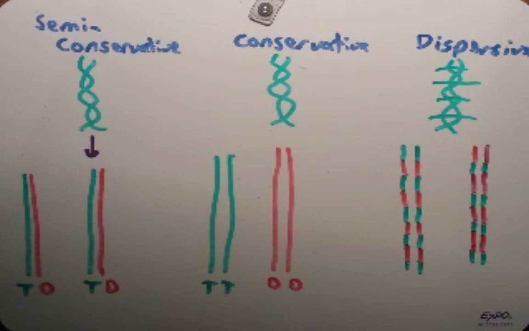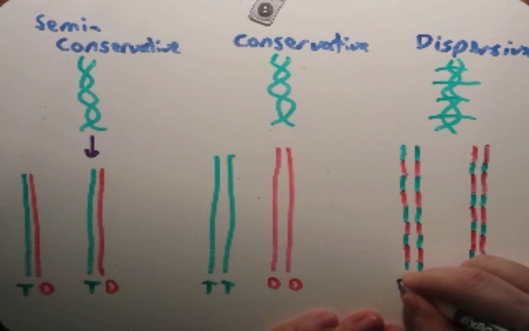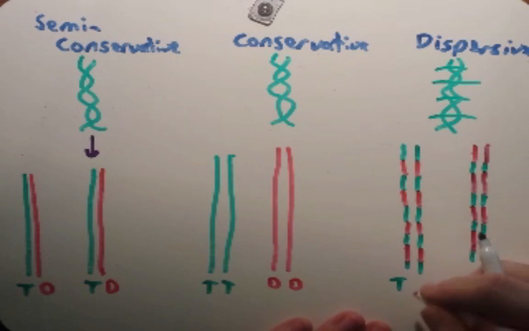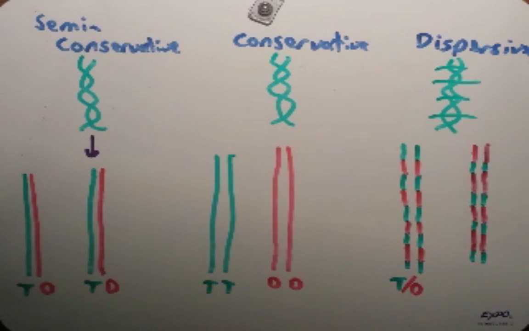So in this model, what we're looking at really is a product that is both template and daughter strand for each of these 4 strands of DNA. They're a combination of them all.